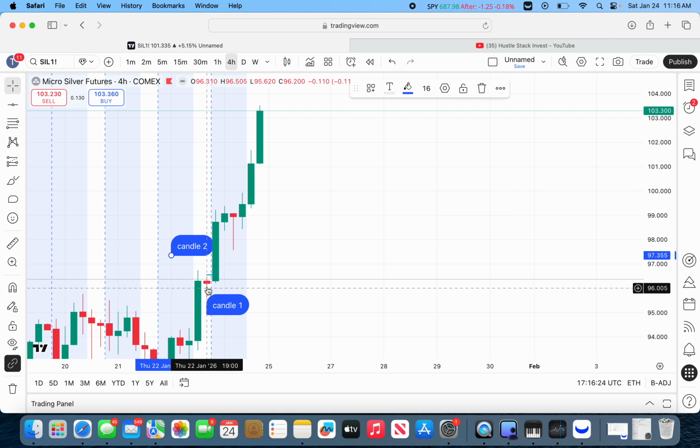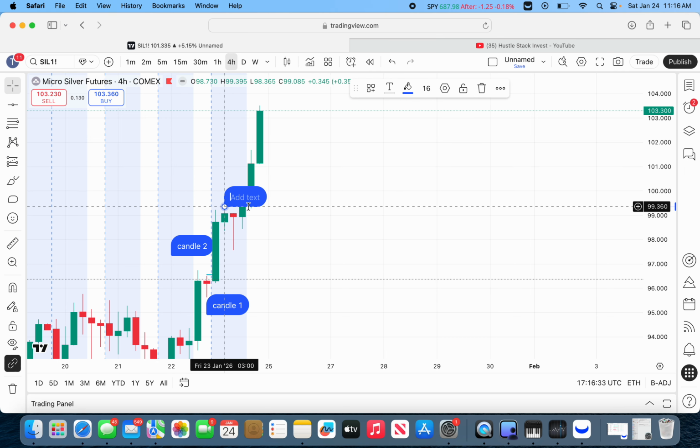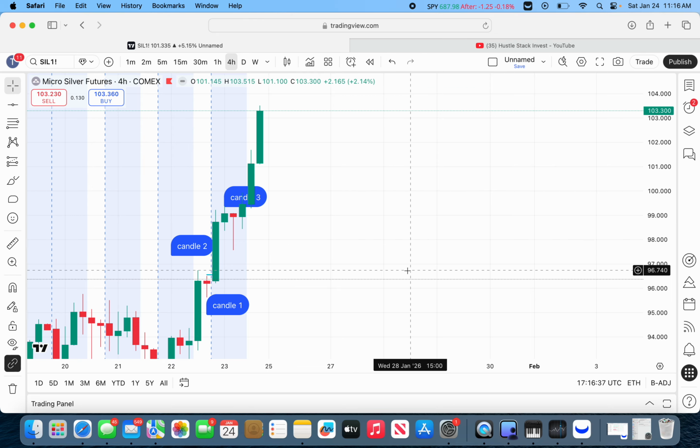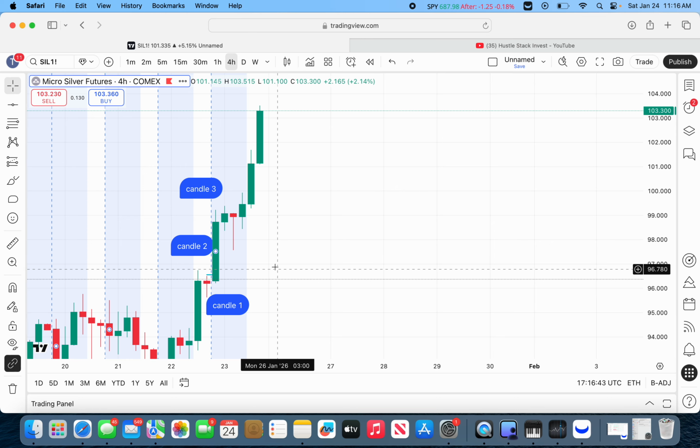This is the candle that starts off the fair value gap before it even gets started. Feel me? And then we have this third candle, which will be this little small green candle. Candle number three, right? Fair value gap is a three candle pattern. Boom.